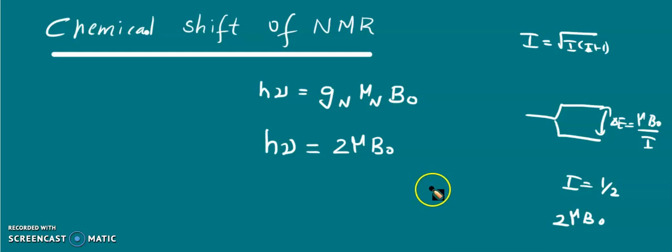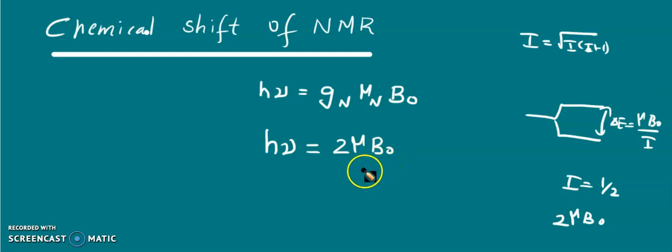From this equation it is clear that all the protons absorb energy at the same magnetic field. But experimentally this is not true. The resonance, either the resonant frequency or resonant magnetic field, differs. We have already seen that in the NMR experiment we can either change the frequency or change the applied magnetic field.